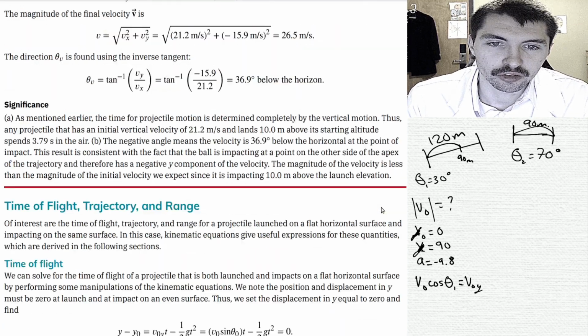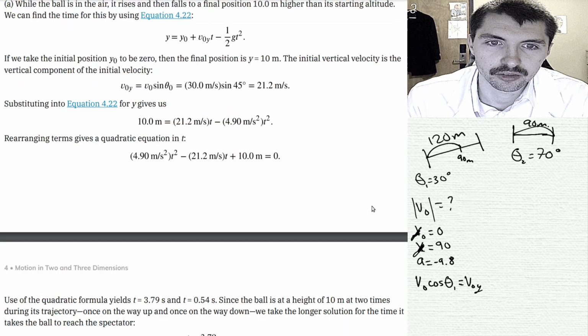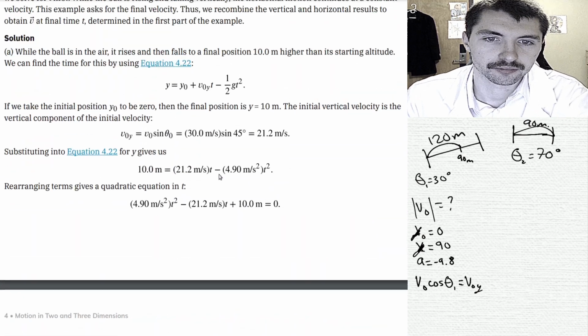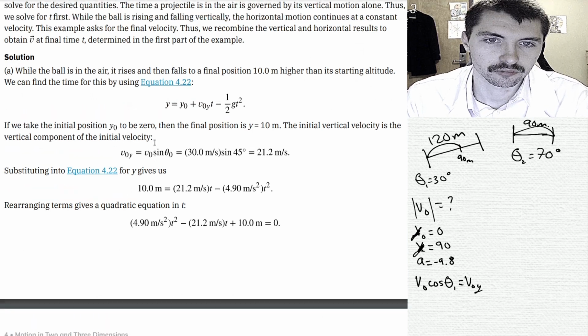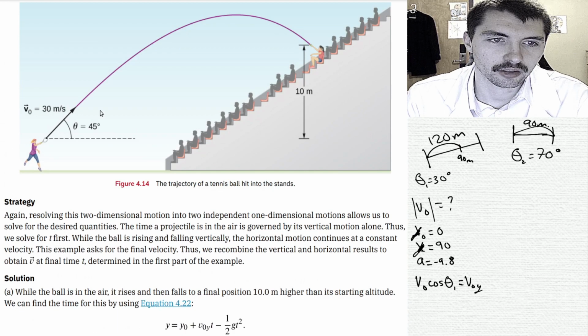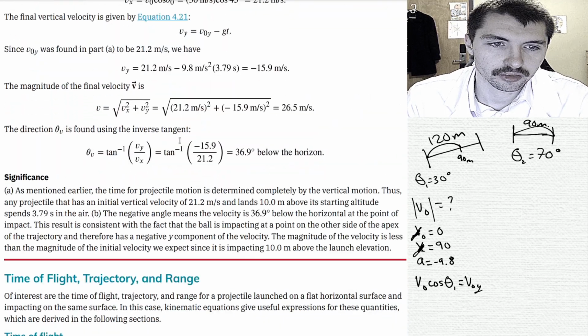Yes, before we move into the strategy, let's see if we can figure it out ourselves. I'm trying to find V naught. Here, you're just given the vector. We're not given it.